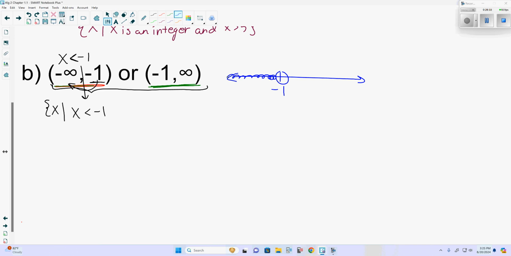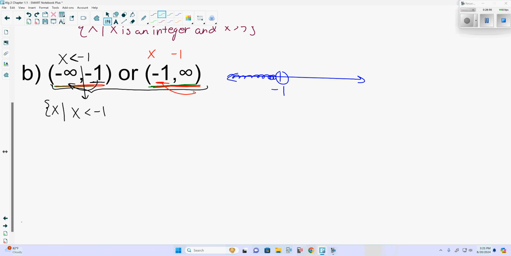So we repeat the same thing. Now for the second one, we have negative 1 to infinity. Our main endpoint of this is negative 1. Since we have a new statement, we also need x. Is x going to be greater than or less than?